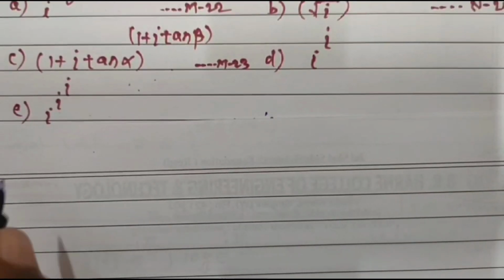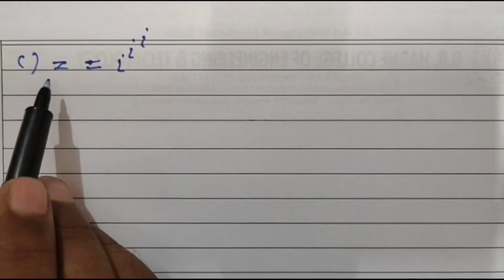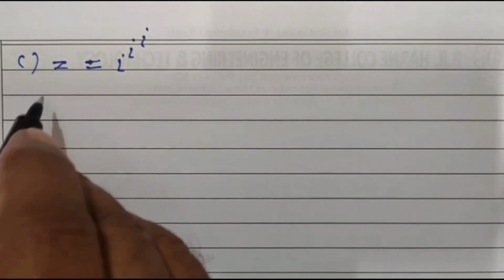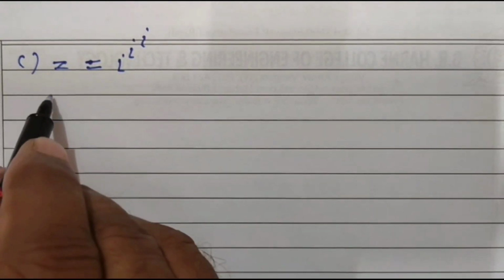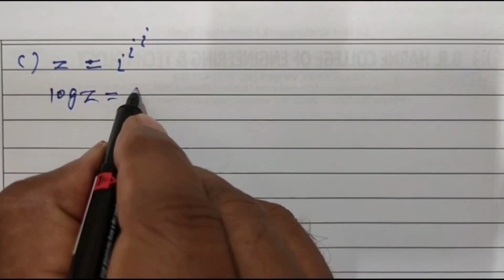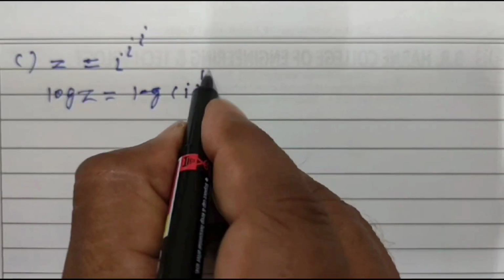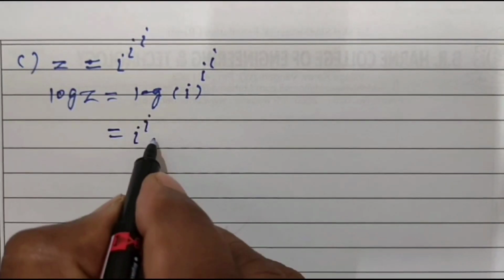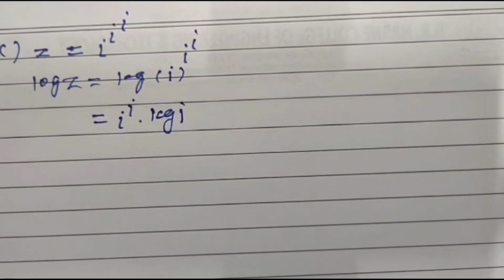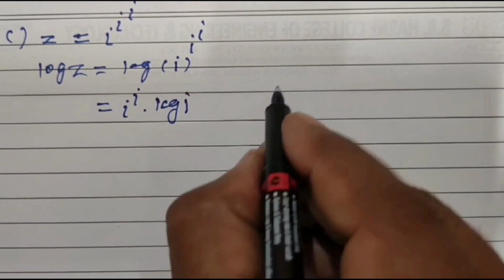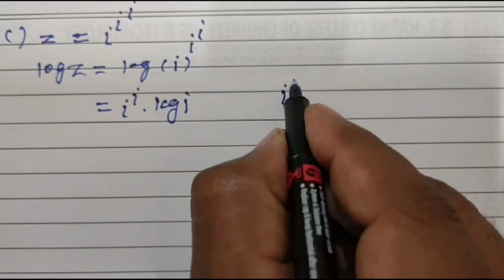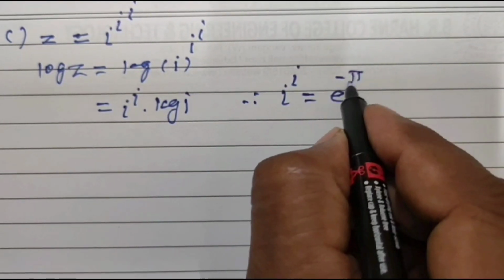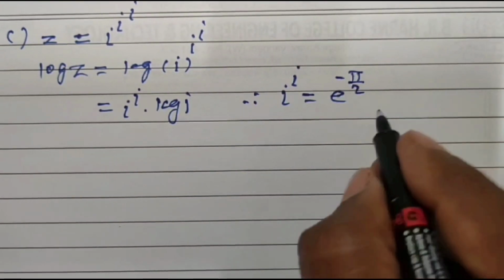Okay, let us solve sum number E. So let us assume z is equal to i to the power i to the power i. Now taking log on both sides, log z is equal to logarithm of i to the power i to the power i. And this can be written as i to the power i into logarithm of i. But in the previous sum we obtained the value of i to the power i is equal to e to the power minus pi by 2, which is a purely real number, and this is the principal value.